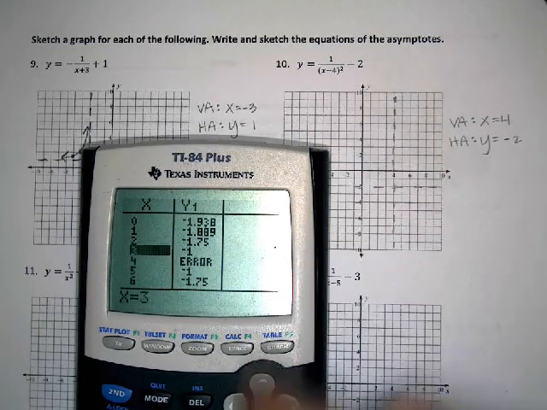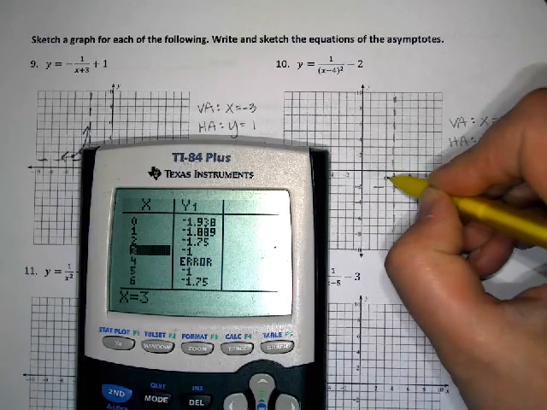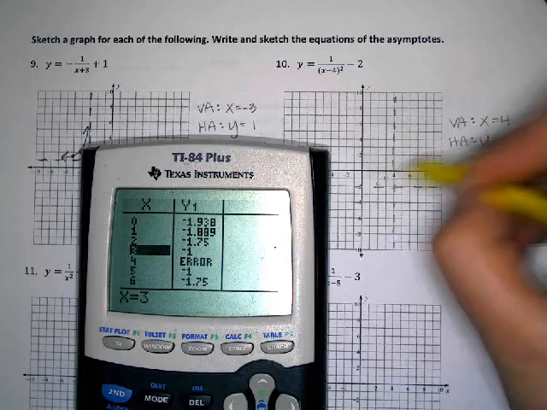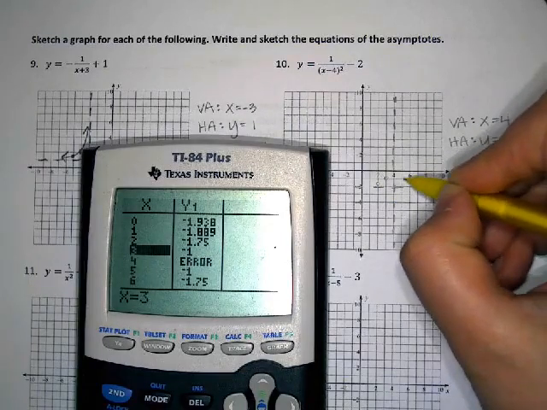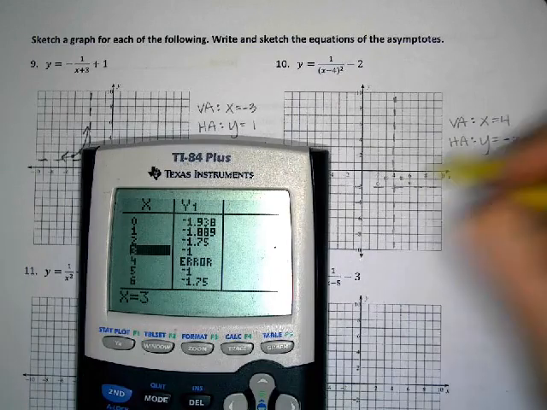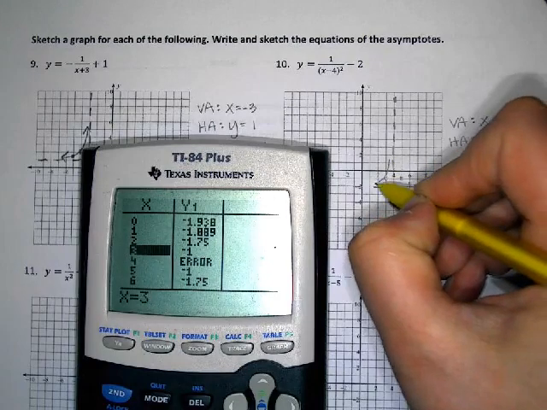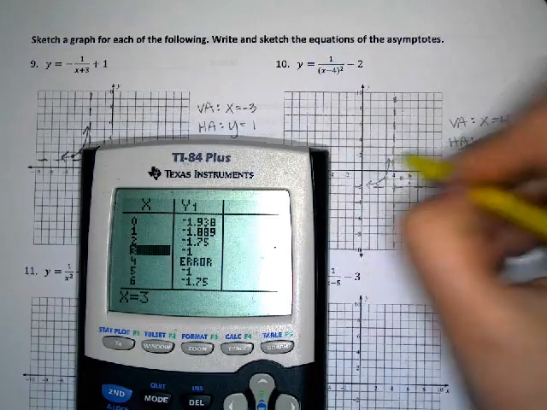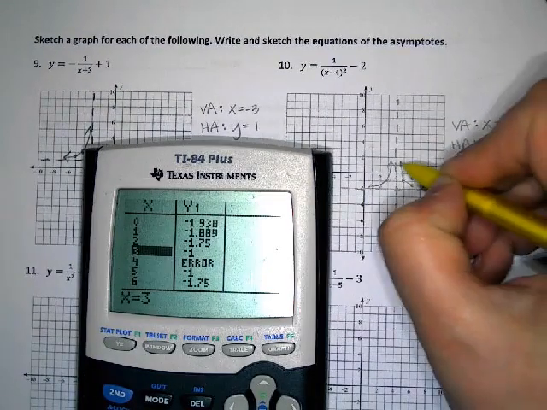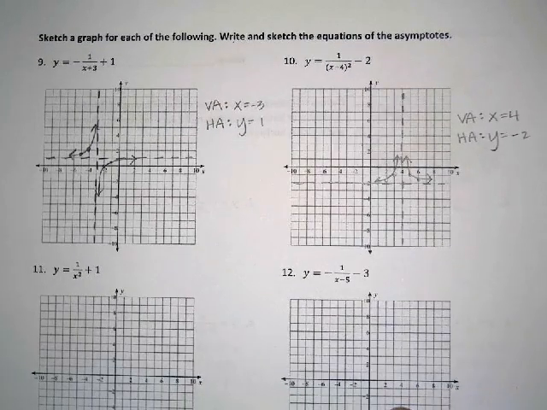Okay, so +3, -1; +2, -1.75; +5, -1; +6, -1.75. And then I'll go ahead and graph this. Okay. So that's all you have to do for problems like that.